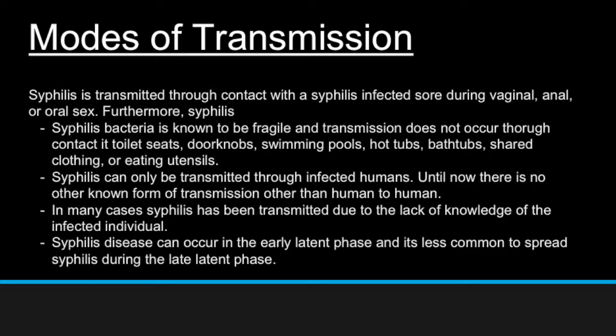This bacteria is also known to be passed on to the offspring by passing through the mother's placenta, and can cause, in many cases, a stillbirth of the offspring or a miscarriage.